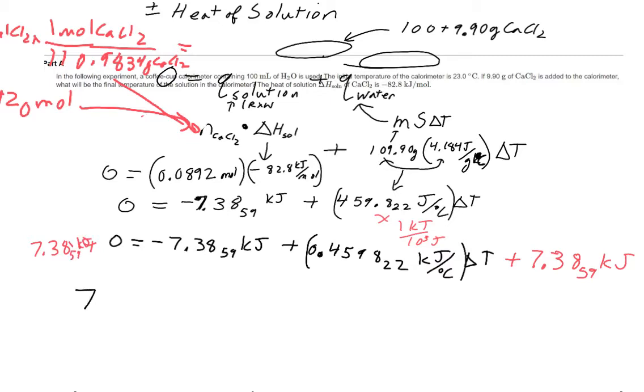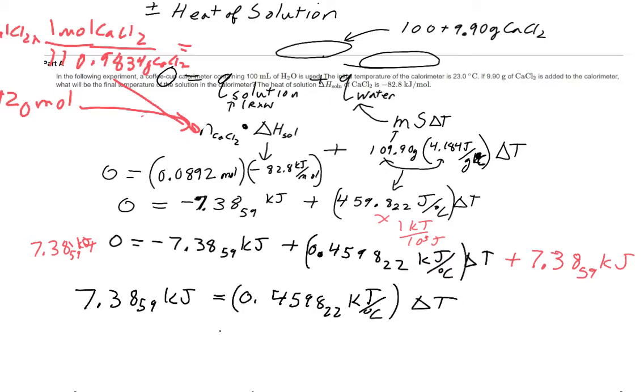So that gives me 7.3859 kilojoules equals 0.45982 kilojoules per degree Celsius times my delta T.